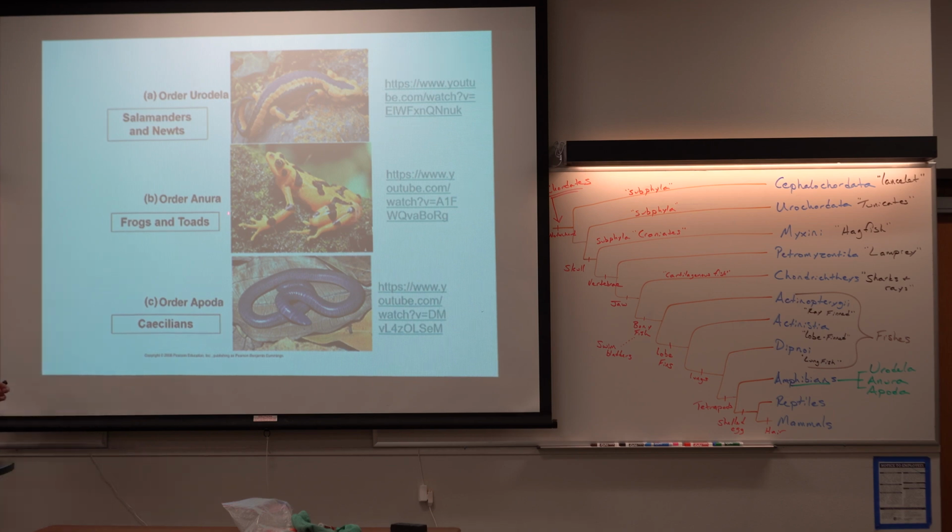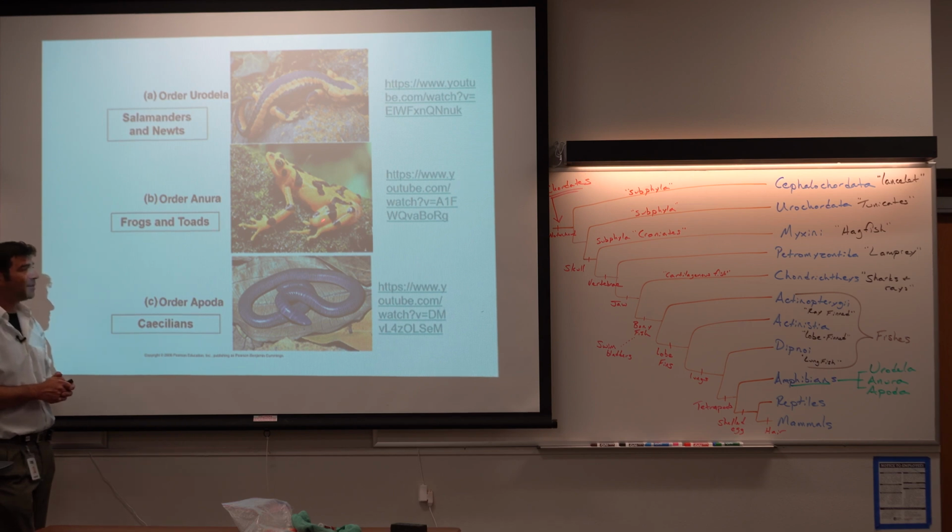In the middle, we have our order Anura, that includes the frogs and the toads. And what's unique about this order is that their adult forms have lost their tails. So unlike salamanders that retain their tail all the way through their adult stage, frogs and toads lose their tail. The other difference between this order Anura and the salamanders, the order Urodela, is that in frogs and toads, their hind limbs have become adapted for leaping.